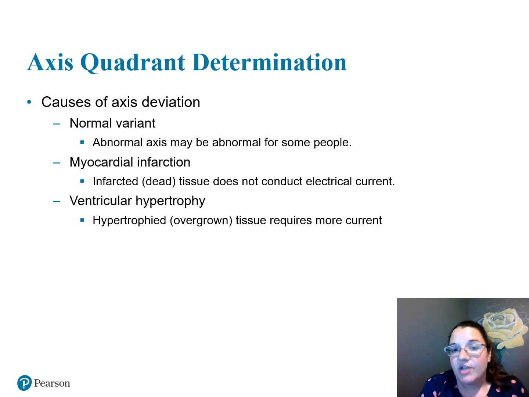What can cause us to have an axis deviation, an abnormal axis? A normal variant can cause it. The abnormal axis may be abnormal for some people for no reason. A heart attack can cause it. It can be infarcted, that's one of your I's, dead tissue that does not conduct the electrical current.